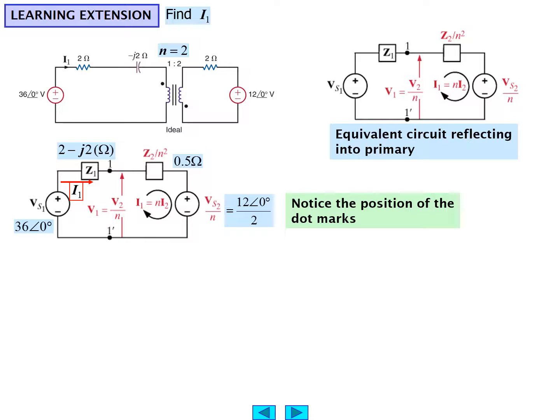So we get 12 angle 0 divided by 2. And therefore I1 is 36 angle 0 plus 6 angle 0 in this case, because we divide by 2, divided by the total impedance, which is 2.5 real minus J2 for I1, or 13.12 angle 38.66 degrees.